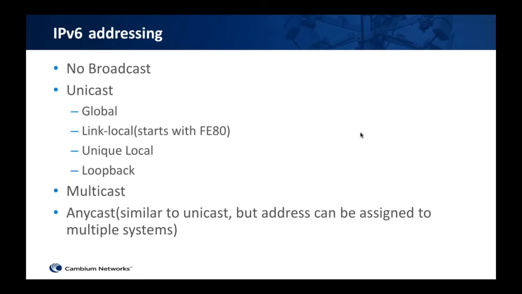There is also multiple addressing, so you can do multiple unicast addressing. The first one is the global. You can think about global unicast addressing in IPv6 the same way as you think about your global routed addresses in the current IPv4 internet.